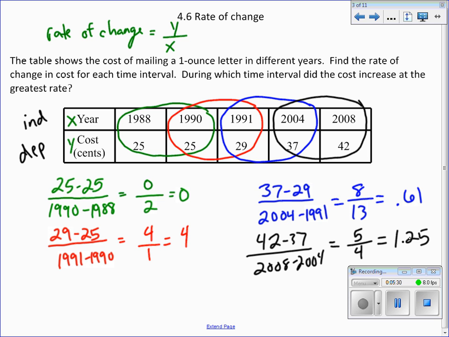Pretty decent rate of change, but when we're looking for which one increased at the greatest rate, it was definitely between 1990 and 1991. That would be the time period that gave our greatest rate of change of 4.